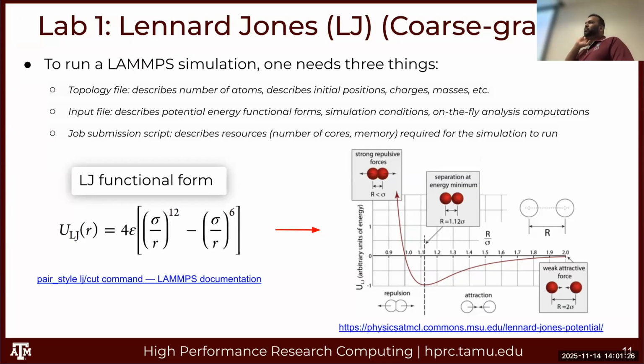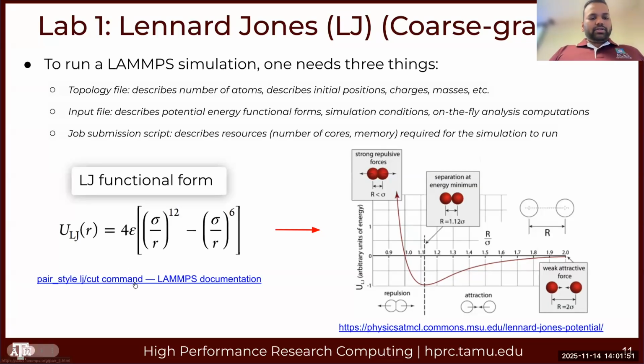What do you think the sigma will be in that case? Let's say you have one small atom and then one very big. They're not the same diameter. What do you think will be the diameter between the two when they're interacting? It's just the average diameter. Let's say you have particles A and B, it's just sigma A plus sigma B divided by 2. That's the arithmetic mean. It's as simple as that.